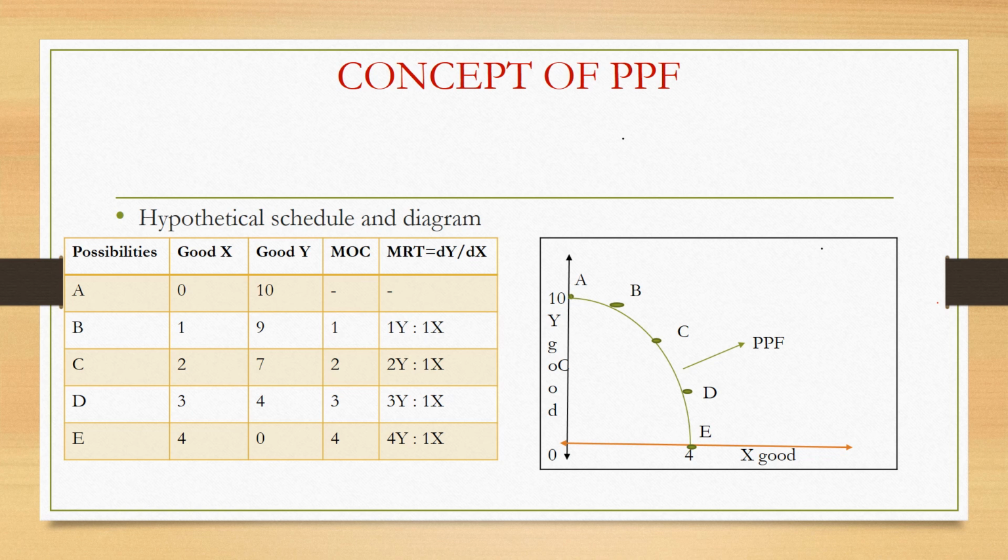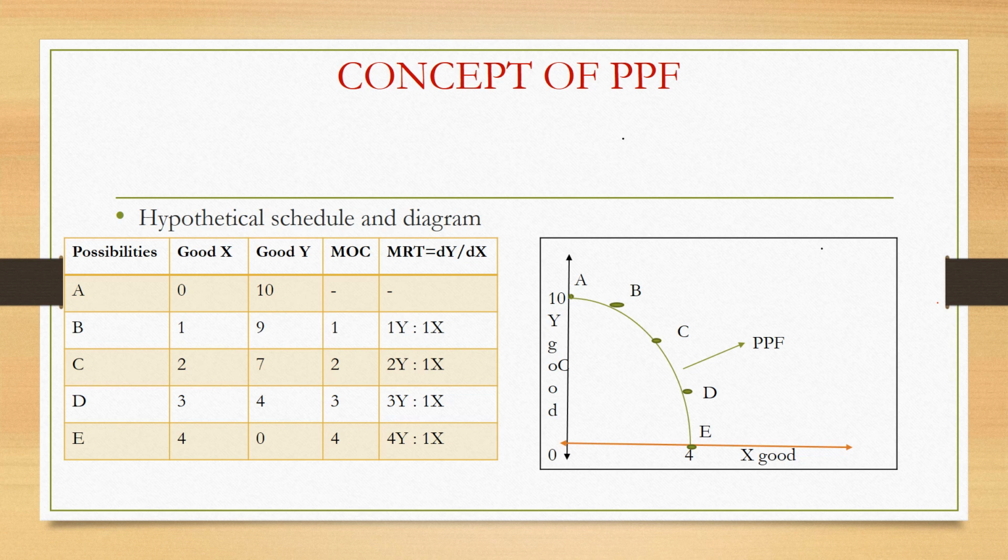Second column we have good X. Third column good Y. Next, marginal opportunity cost, MOC, and the fifth column is marginal rate of transformation, that is delta Y by delta X, means change in good Y divided by change in good X. We can say MRT of X good is equal to loss in good Y divided by gain in good X.